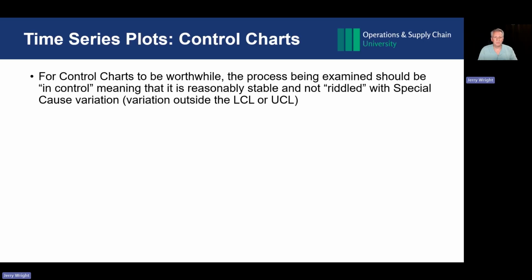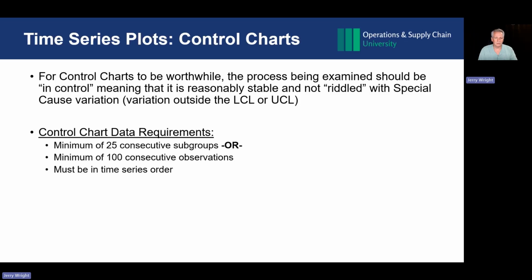Now, a typical time series plot that we would use would be a control chart. For control charts to be worthwhile, the process examined should be in control, meaning that it's reasonably stable and it's not riddled with special cause variation, which are those points of data that are outside the lower control limit or upper control limit.